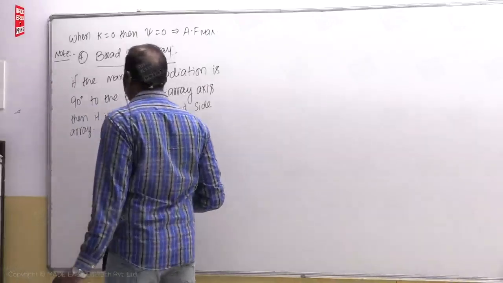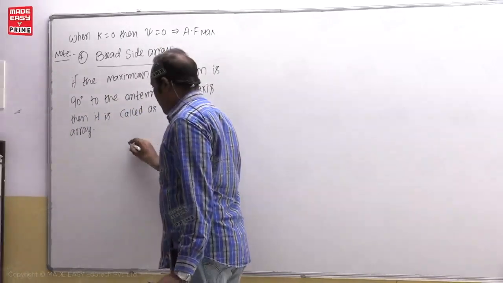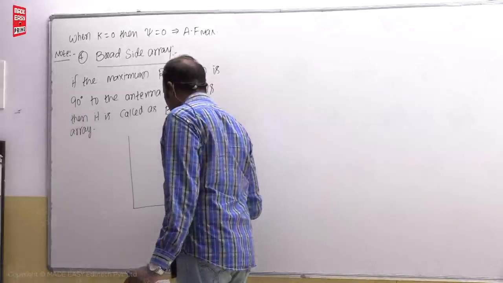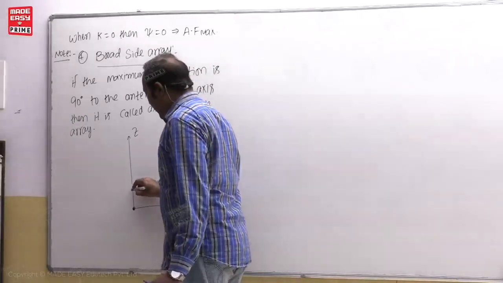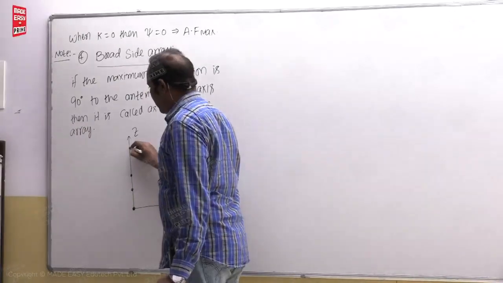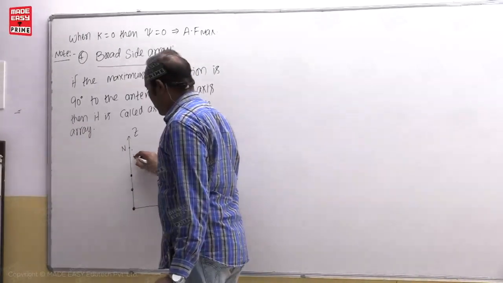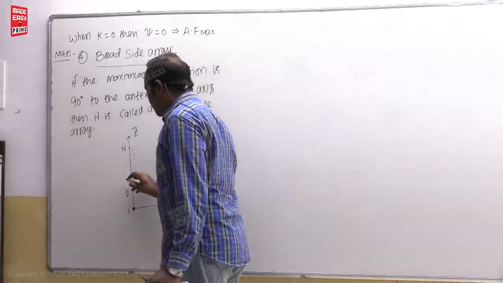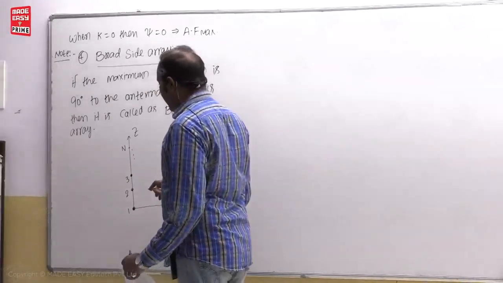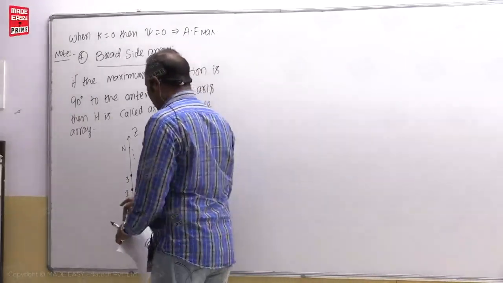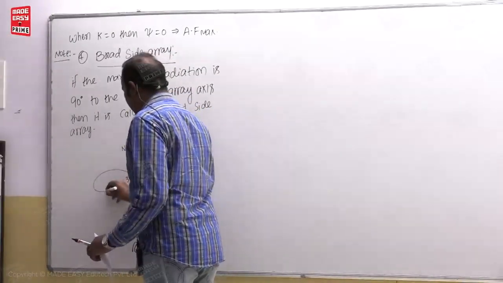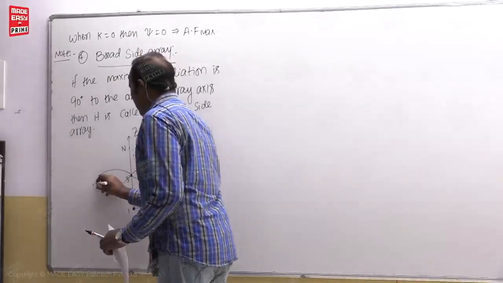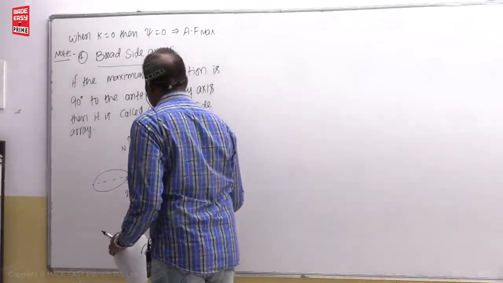That means meaning is like this, students. For example, this is y axis, this is the z axis. Here antenna elements are there like this. Now 90 degrees to this, here radiation pattern is like this, 90 degrees to this one, maximum electric field occurs.